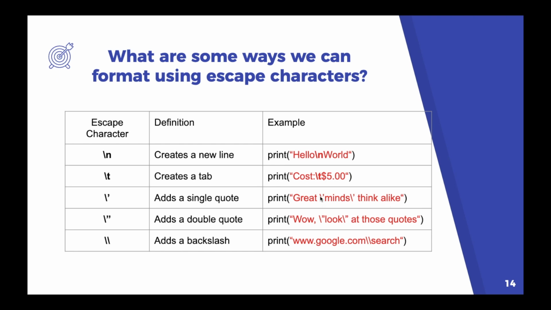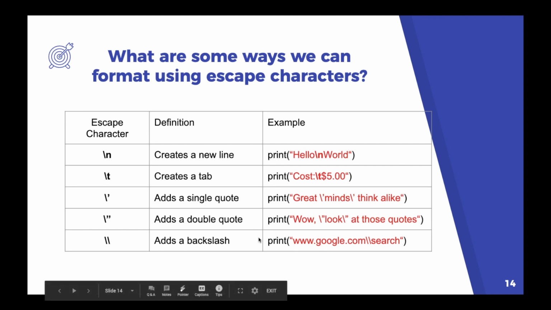And if I want to put single quotes around minds, I need to put backslash single quote before the word and backslash single quote at the end of the word to create a single quote. I also have wow, look at those quotes. And I want to keep my double quotes, so I'll put backslash double quote before look and backslash double quote after look to create the double quotes around look.